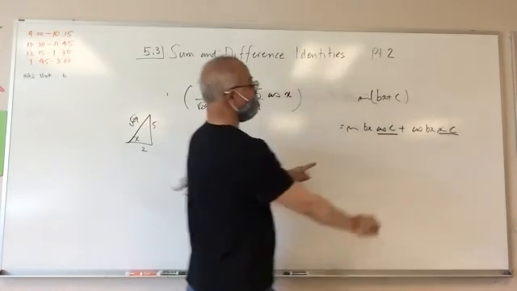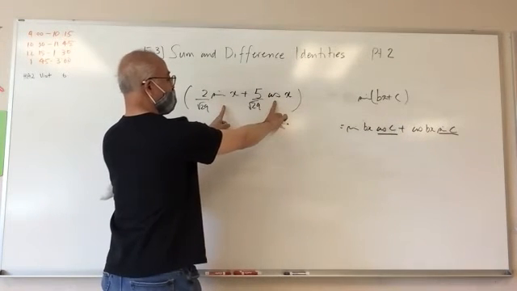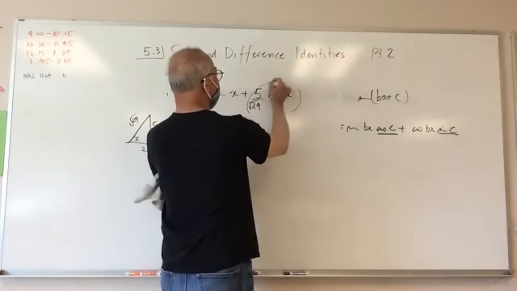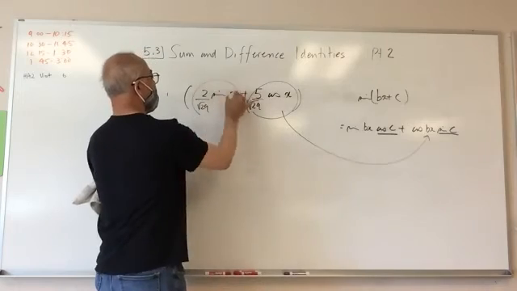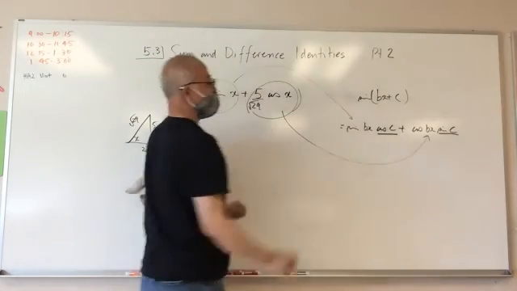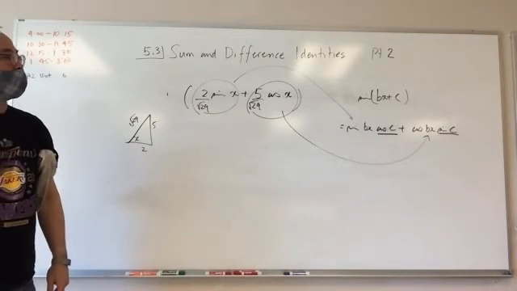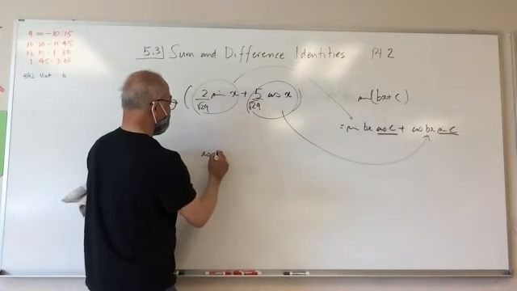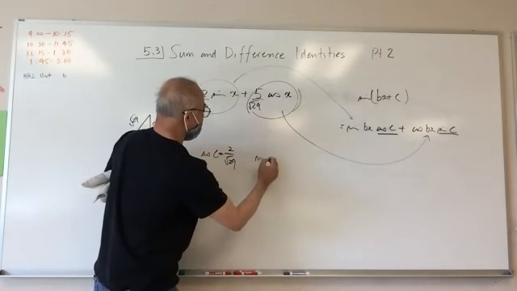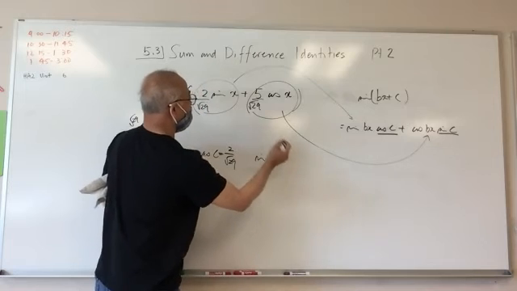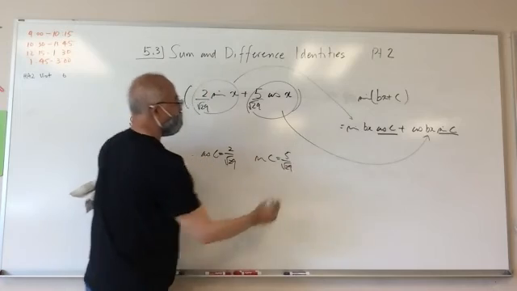These are the ones that have the variables in them. If this guy is the same as this guy, and this guy is the same as this guy, I'm good to go. In other words, if cosine c was equal to this, and sine c was equal to this, I would be good to go.